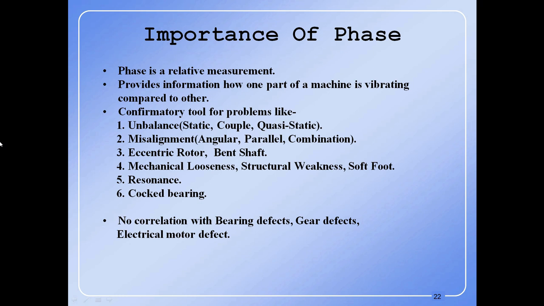It provides information on how one part of the machine is vibrating compared to another. It is a confirmatory tool for problems like unbalance, misalignment, eccentric rotor, mechanical looseness, resonance, cocked bearing. No correlation with bearing defects, gear defects, electric motor defects.